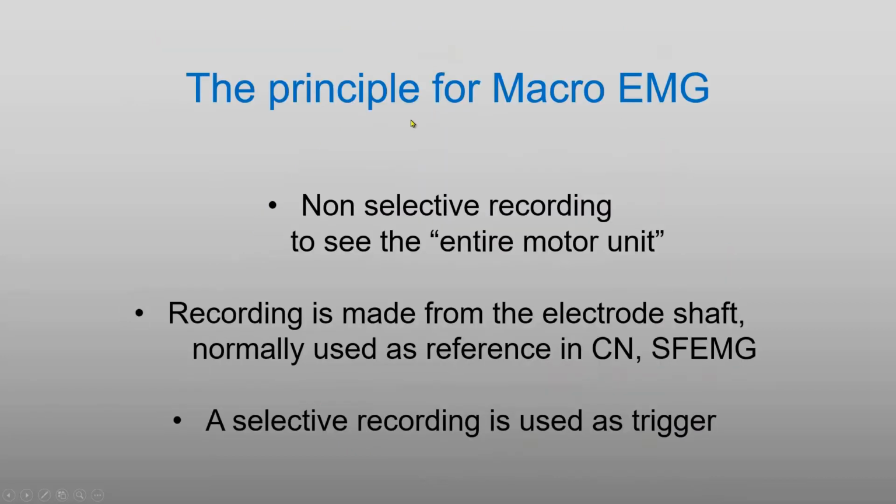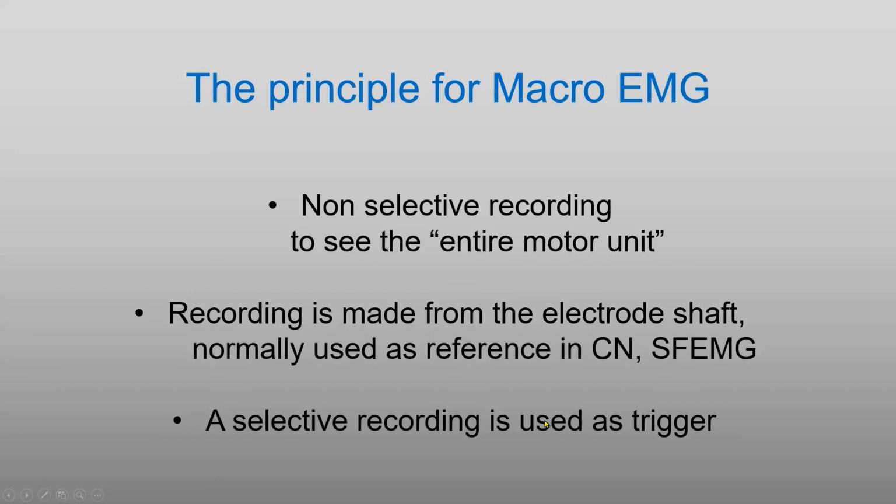The principle for macro EMG is that it is a non-selective recording that gives us a possibility to see the entire motor unit. The recording is made from the electrode shaft, either from a modified single fiber electrode or from a concentric needle electrode.